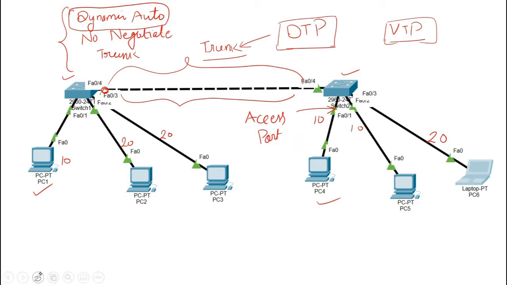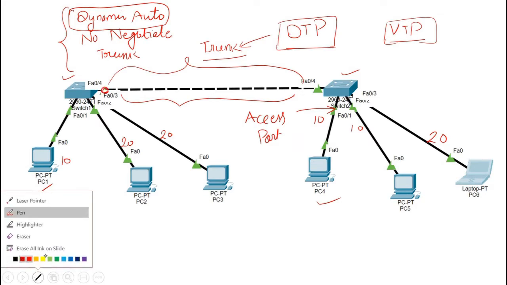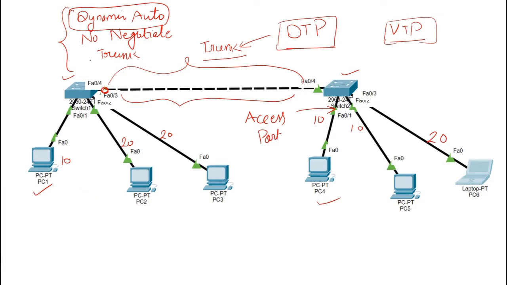So let me change the color. Let's take blue. Suppose you want to make this link a trunk. In that case, you manually define one side of this link as a trunk. Whenever you manually configure one side as a trunk, the other side is normally auto, so it negotiates with the auto port, and this makes the port a trunk.